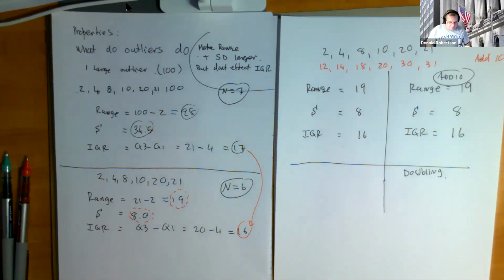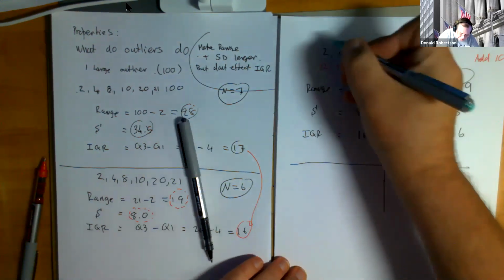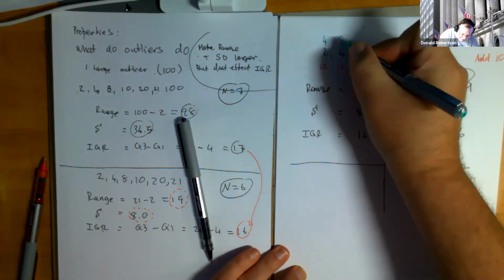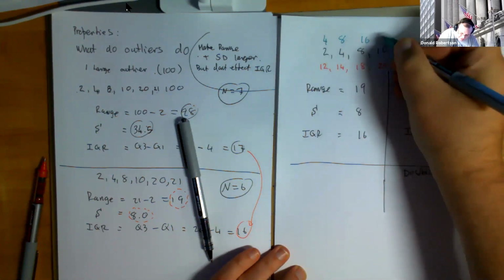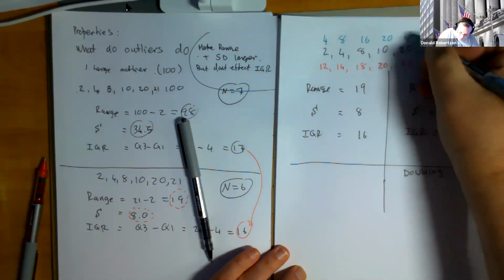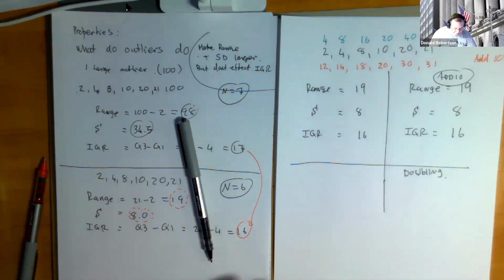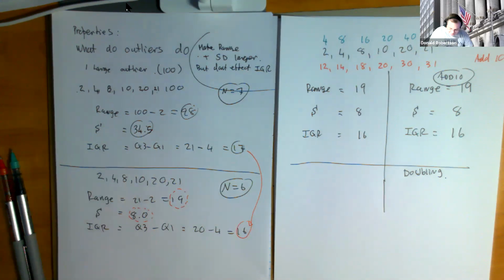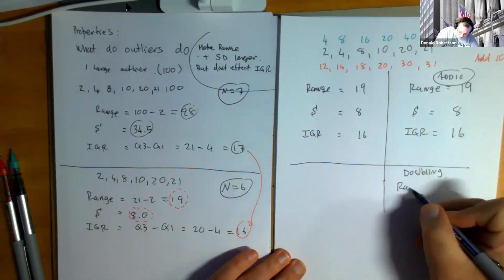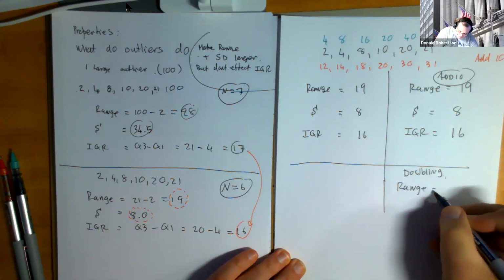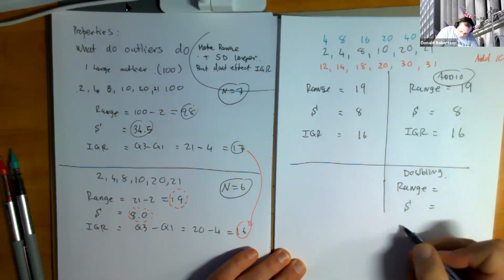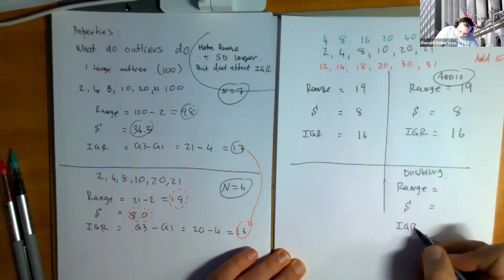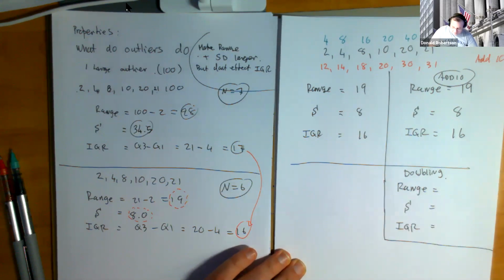Suppose I doubled all the numbers: 4, 8, 16, 20, 40, 42. I doubled all the numbers. I don't need to do any calculations because I know the property.